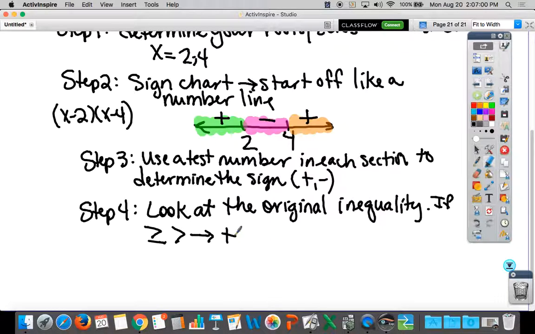Does that make sense? If it is set greater than 0, we want the positive numbers, right? Yes? If it is set less than or equal to or less than 0, we want the, what numbers are less than 0? Negatives.